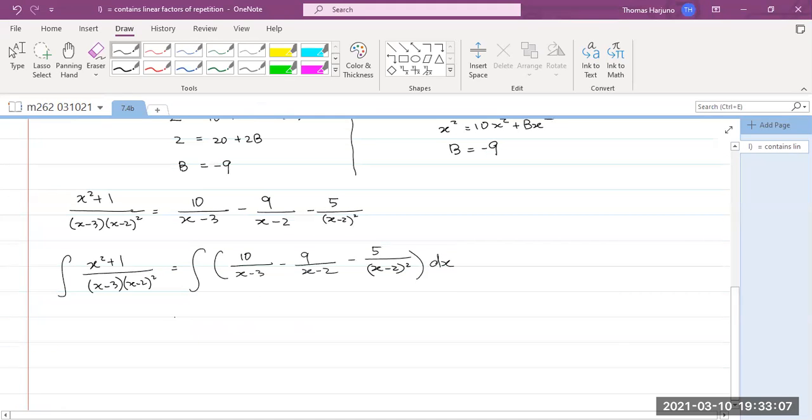The first one is 10 natural log of x minus 3, minus 9 natural log of x minus 2, minus 5 times the integral of 1 over (x minus 2) squared. How do you integrate this, by the way? Any idea?